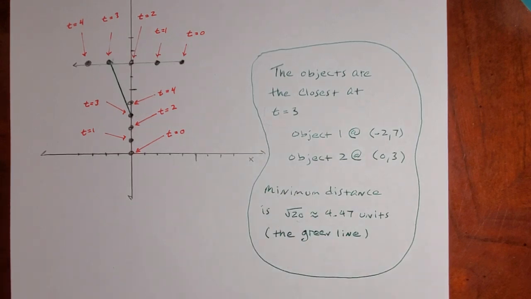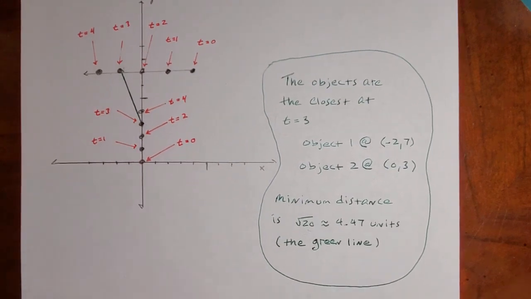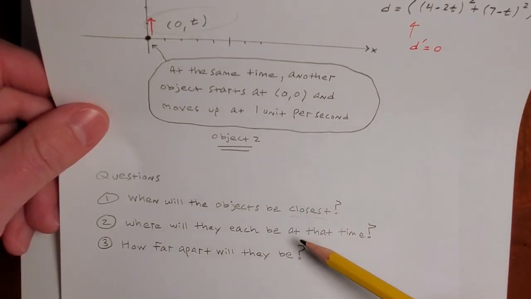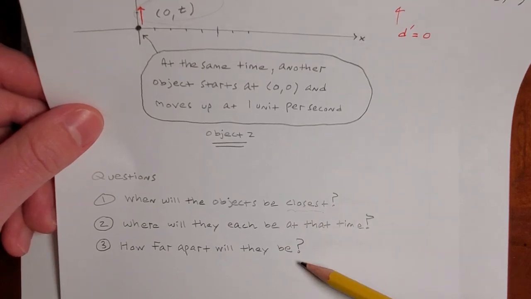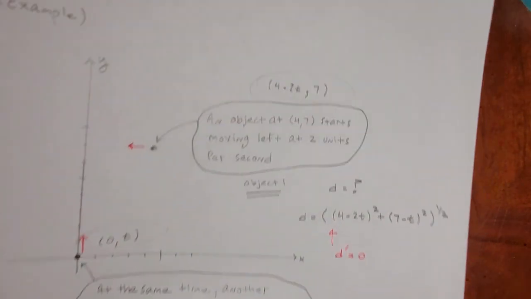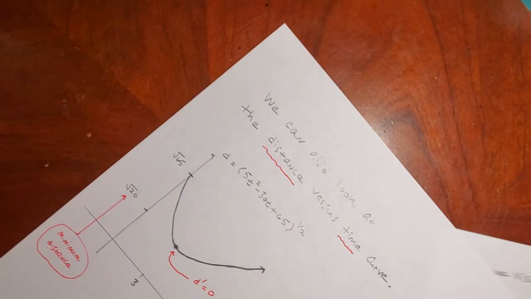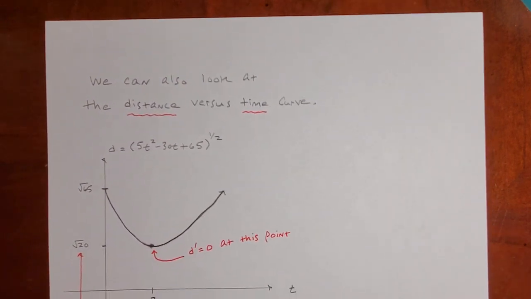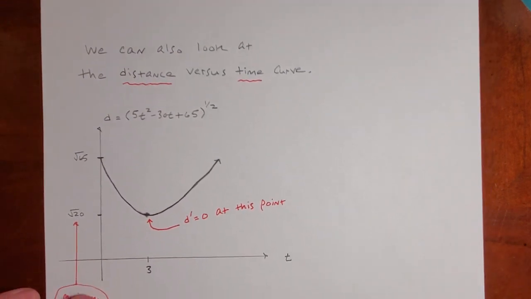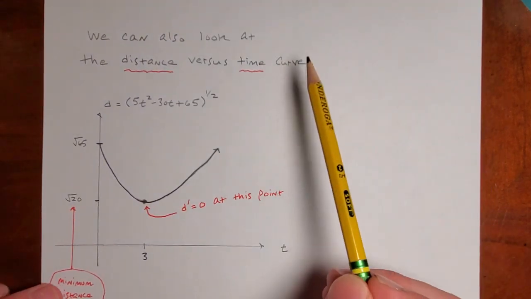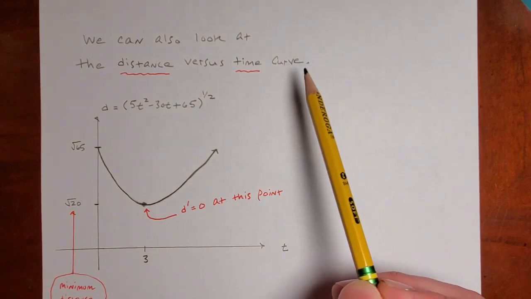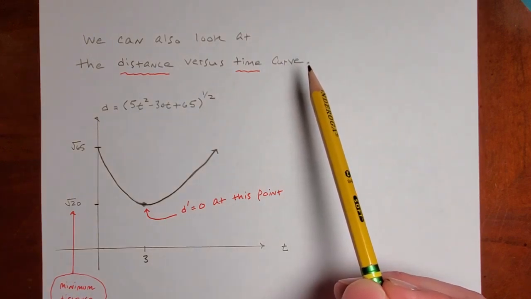All right, so right there in this green bubble in green ink, there's my answer to all 3 questions I wanted you to think about when I introduced this scenario. I would like to show you one more thing. You might find that as you continue to study math and things that use math, there's always a lot of talk about curves. So let's say, what does the curve look like for this or that situation?